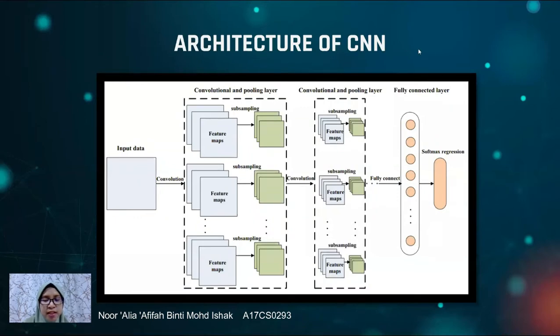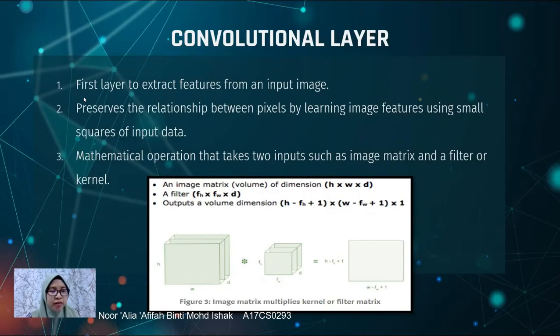Architecture of CNN. This diagram shows the architecture of CNN. CNN consists of 2 parts, where the first one is the convolutional and pooling layer, and the second one is the fully connected layer. Convolutional layer. The convolutional layer is the first layer to extract features from an input image.